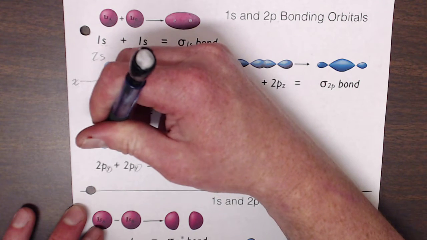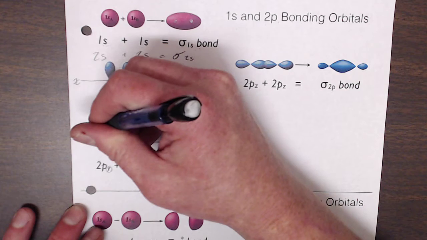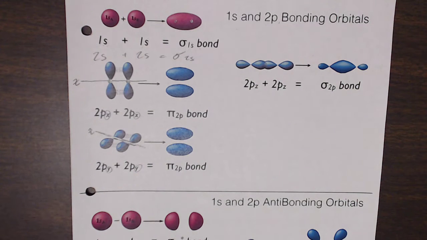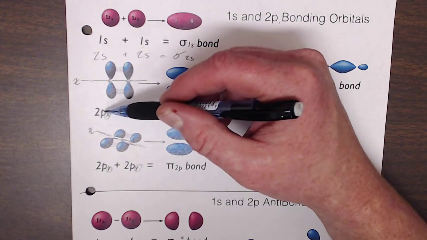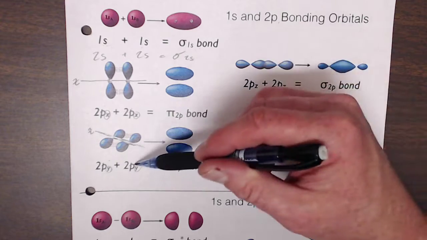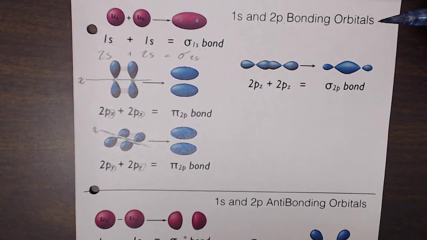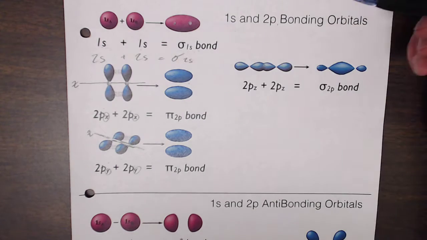And similar here in this picture on 2py, I'm going to define this space in between the two orbitals as the z-axis, and that's just something that's done customarily in molecular orbital theory. So we recognize that this 2px and 2px and 2py and 2py is what we called our off-axis pi bond when we were discussing valence bond theory.